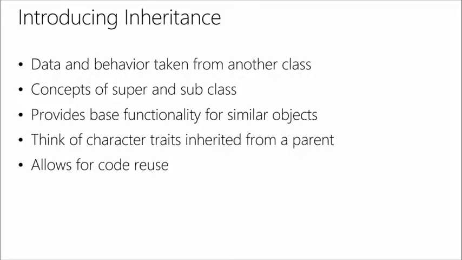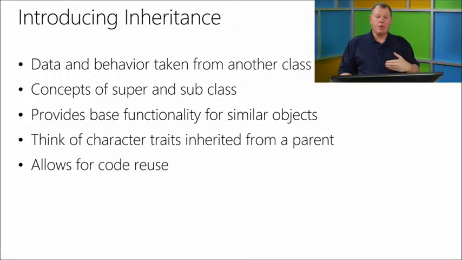So when we talk about inheritance in object-oriented programming, the data, which is the attributes, and the behavior are taken from another class. This creates the concept of what we refer to as superclasses and subclasses, or base class and derived class. There are different terms that you can use for it, but a superclass or base class becomes sort of the parent, and the derived class or subclass becomes the class that does the inheriting.